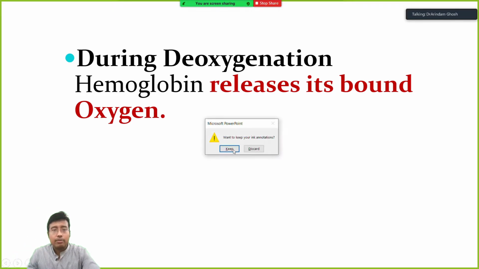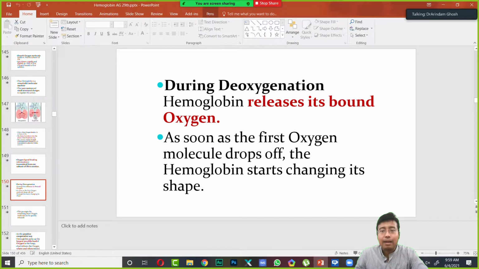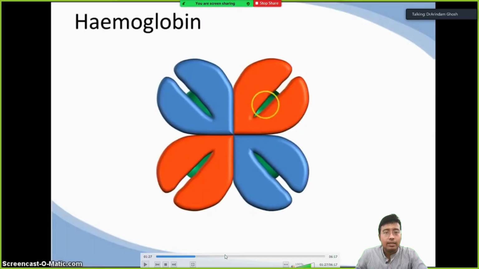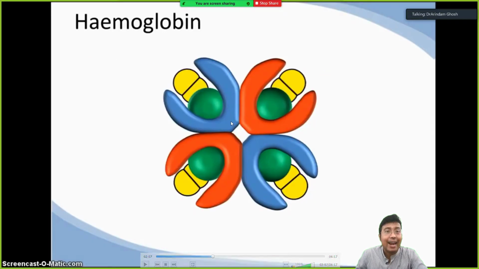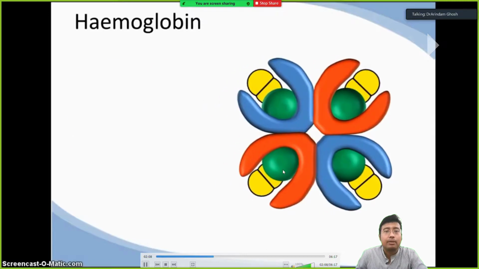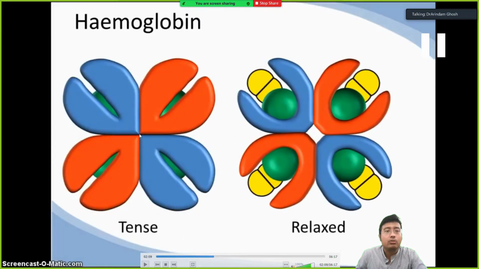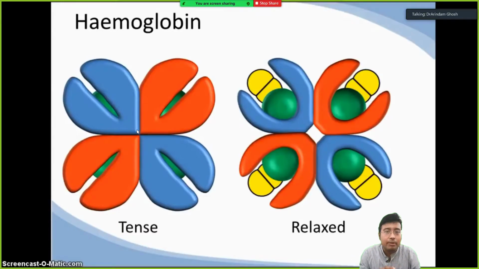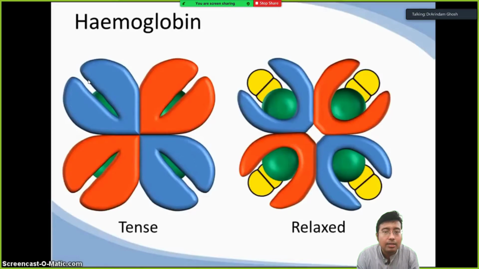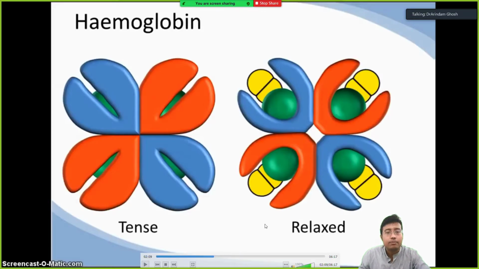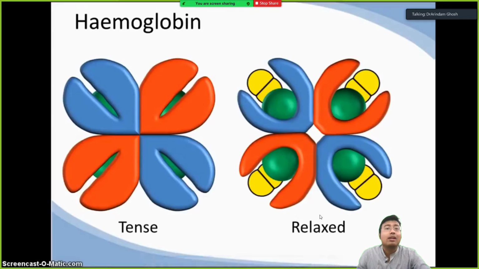Now see, very interesting: after 4 molecules of oxygen enter, a huge gap is created in between compared to this form. This is known as the tensed form, which was dome shaped. There was no space in between the two, and there are multiple salt bridges, and when oxygen enters, it leads to a more relaxed form.